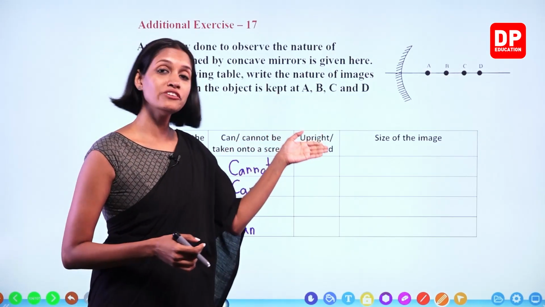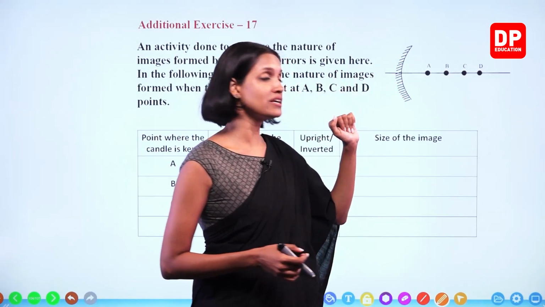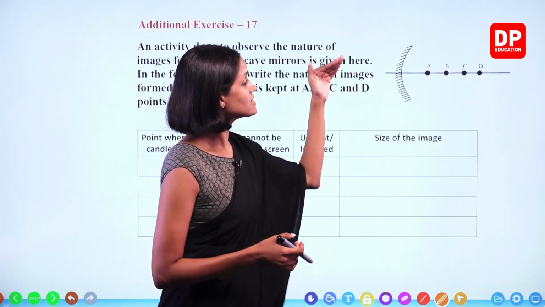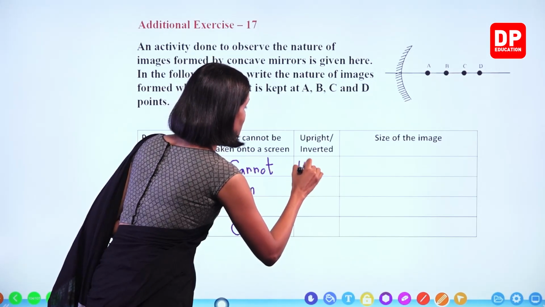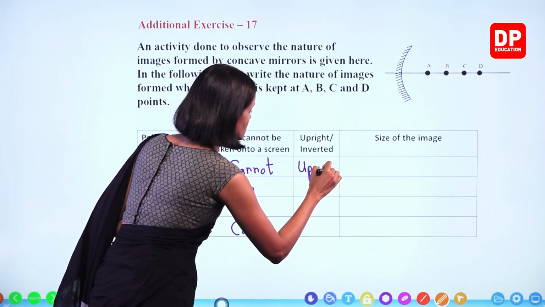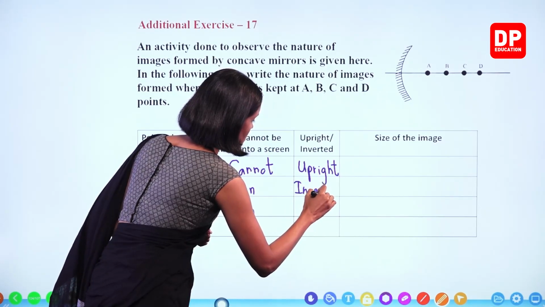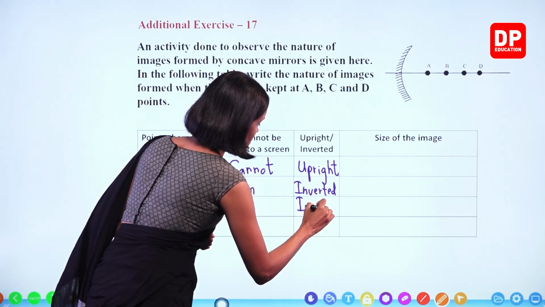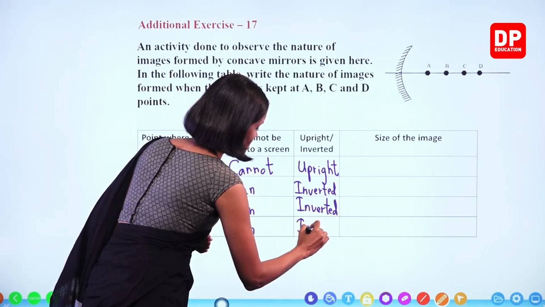Whether upright or inverted: when the object is placed very close to the concave mirror, an upright image is formed. In all the other instances, an inverted image is formed, right? Here, upright, inverted, here also inverted.